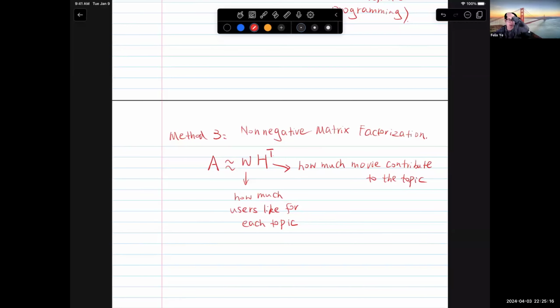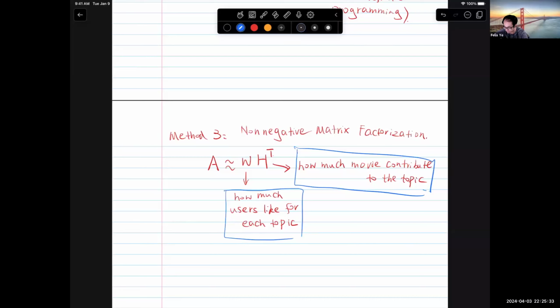So naturally, each entry of W and H has to be non-negative. This is one big implication.